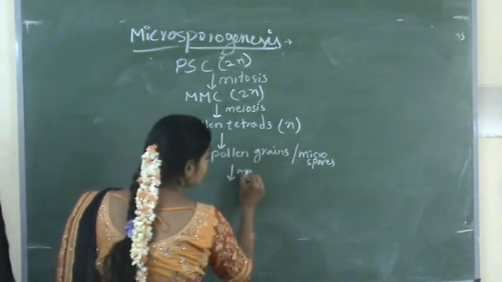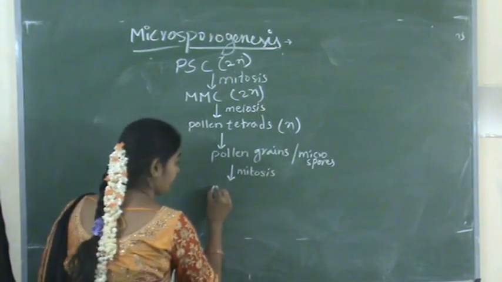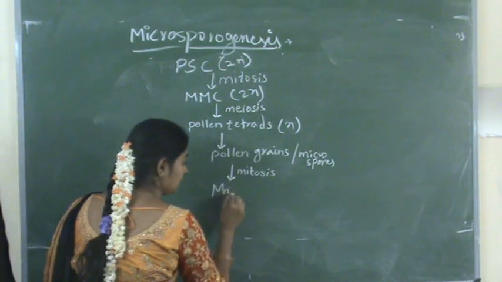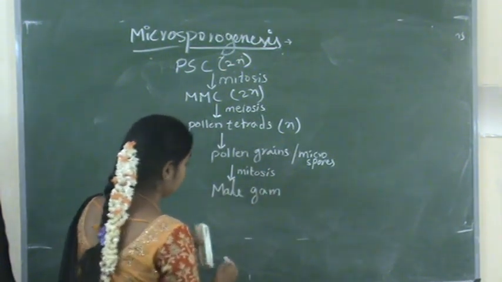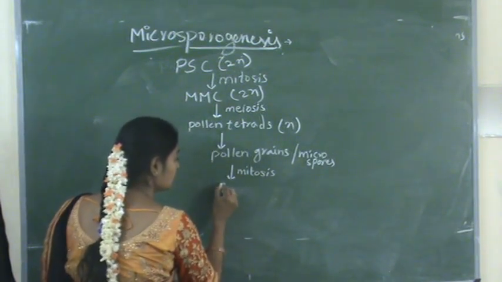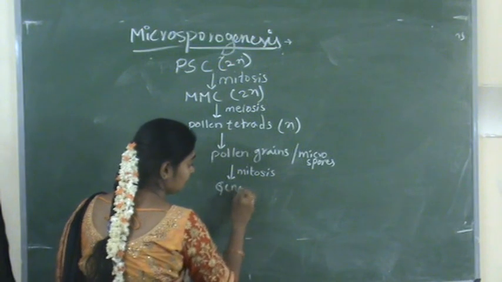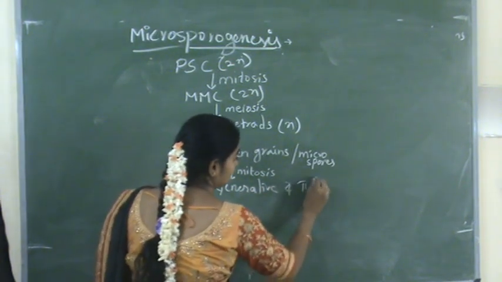due to mitosis, male gametes are formed. First it undergoes mitosis and forms two cells, the generative cell and the tube cell.